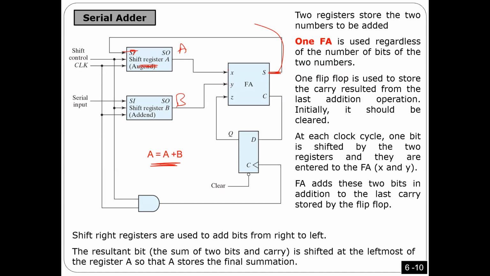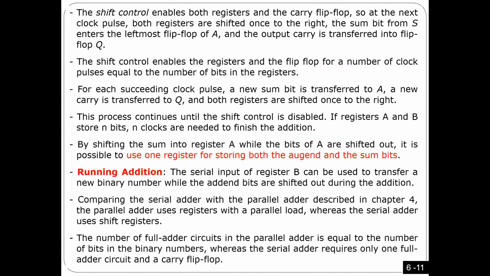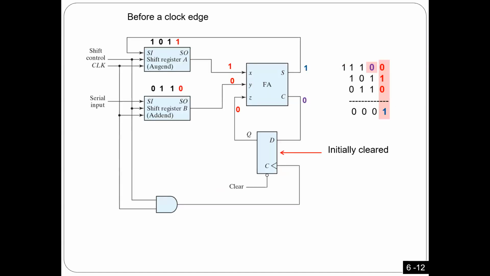I made some videos to make it easy for you to understand how it works. For example, assuming register A is storing this number, register B is storing this number. Let's see how it works here. In one clock, I'm going to add these 2 bits together.